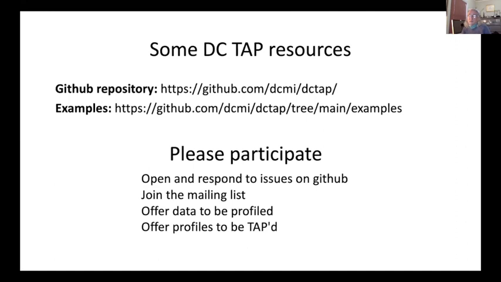It's not a high activity list, but we do have some amount of discussion there. We would love you to offer data that you have that we could profile, and offer profiles or metadata descriptions that we can try to TAP.